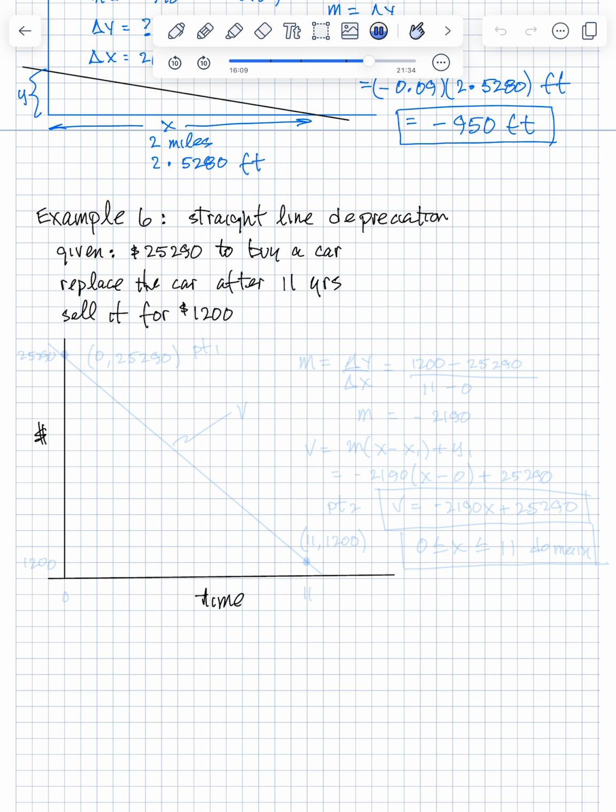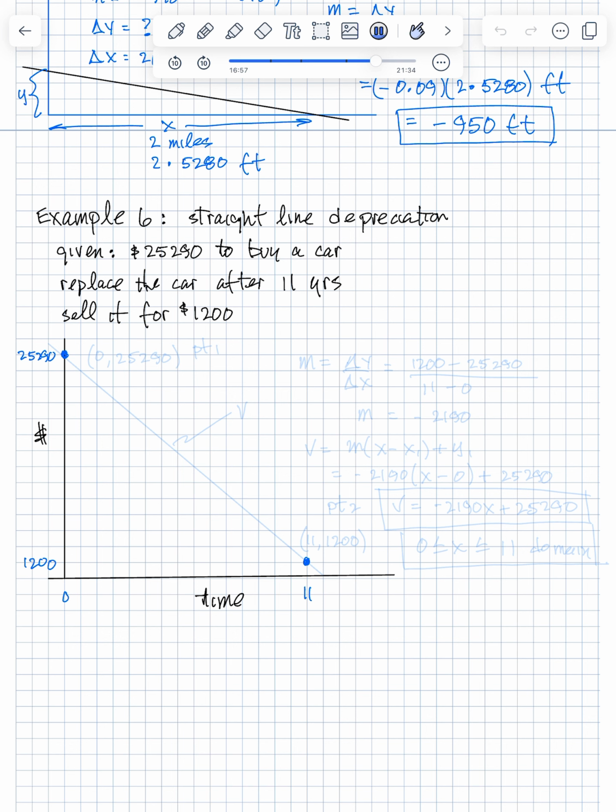So at time 0, you are buying this car, and you're buying it for $25,290. Now, you don't have to scale these kinds of problems. We'll just call this $25,290. And the other thing you know is after 11 years, and again, it doesn't have to be right to scale, but you're going to sell it for $1,200. So let's say here's 11 years, and this is $1,200 right here. So this is 11, and this is time 0.